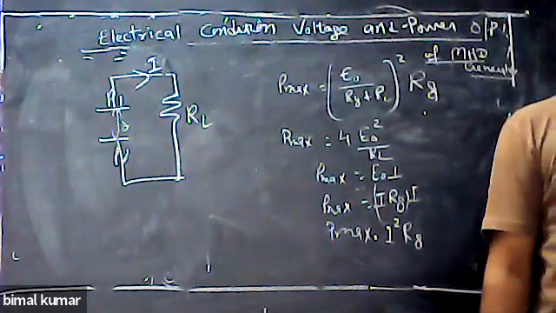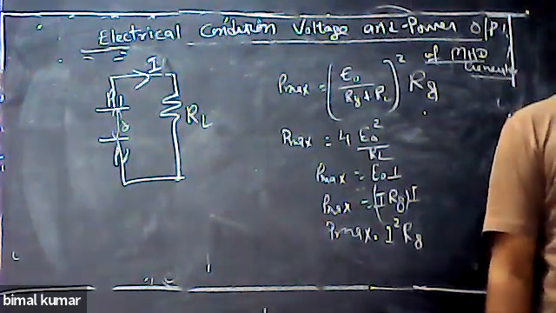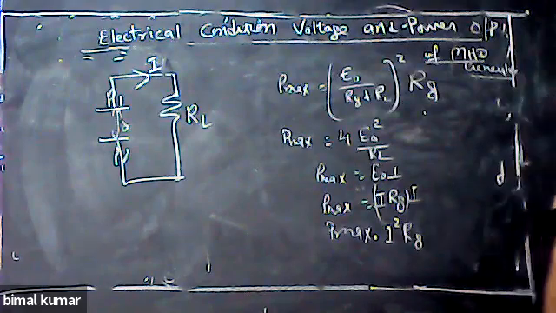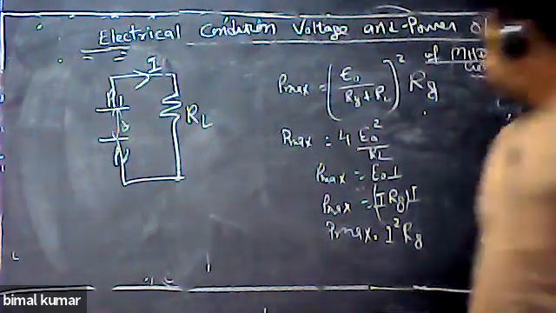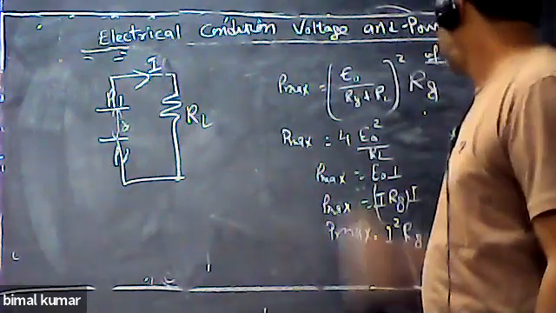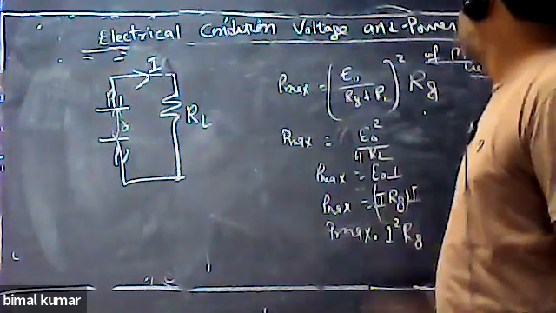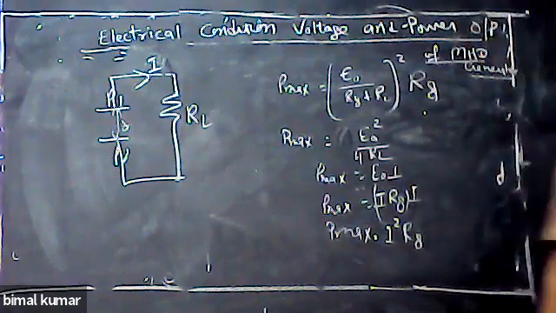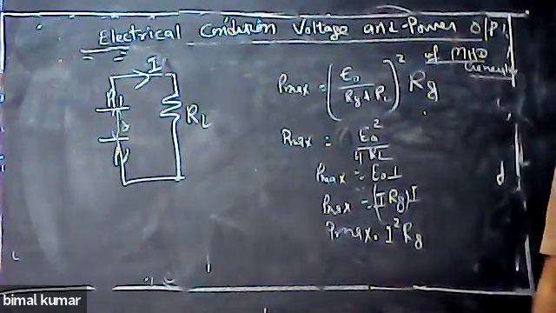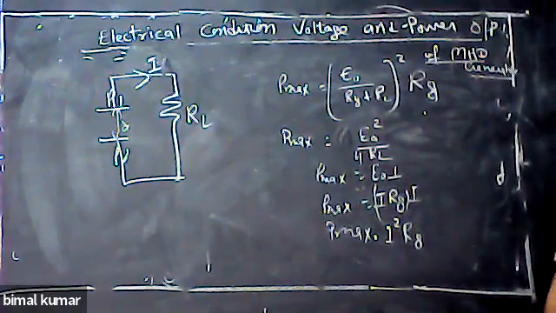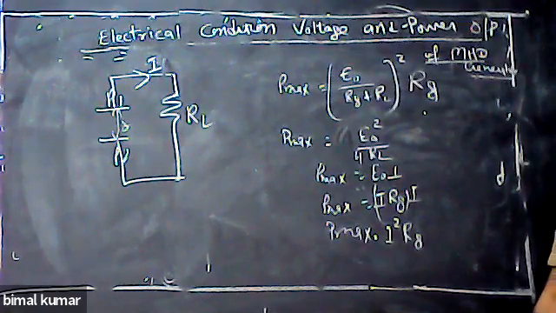If you substitute the value of E naught in terms of B, U and D, as already defined, E naught is equal to BUD.